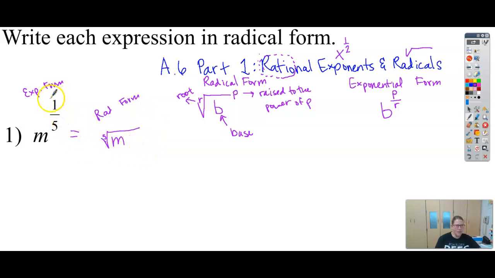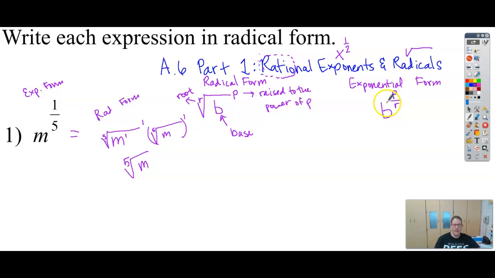And then my power here is a 1. So the 1 could go out here, it could go in here, or I could even write this as the fifth root of m raised to the power of 1. However, since my power is 1 in this case, I don't even need to write that power at all. So I could just write this as the fifth root of m.